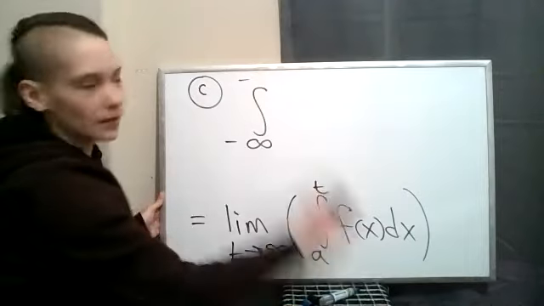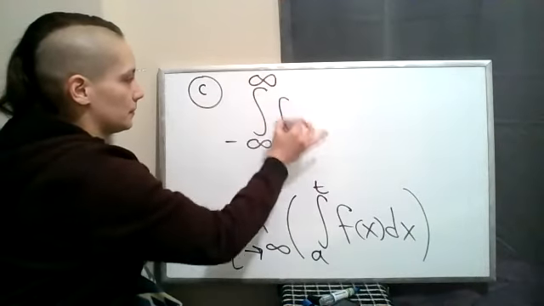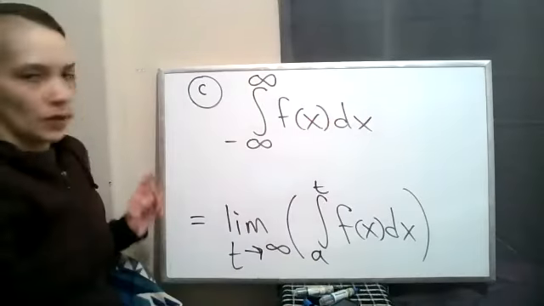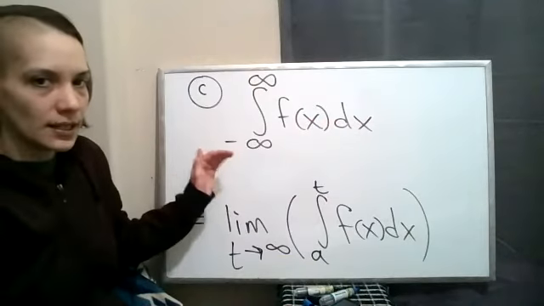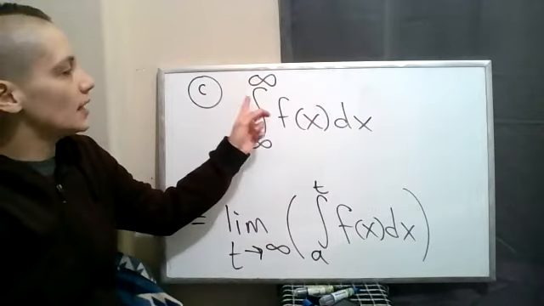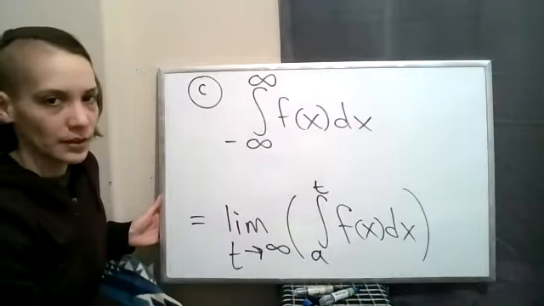We don't need a plus sign, just put infinity. So we'll take the integral from negative infinity to some number c, and then from c to infinity for the other integral, and add them together.